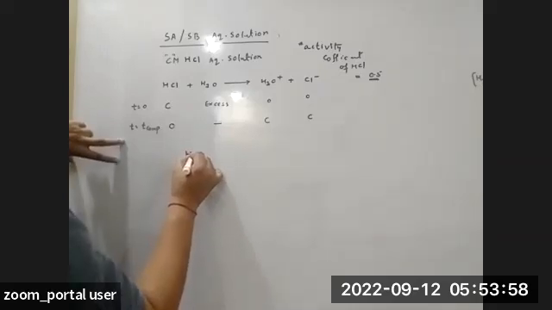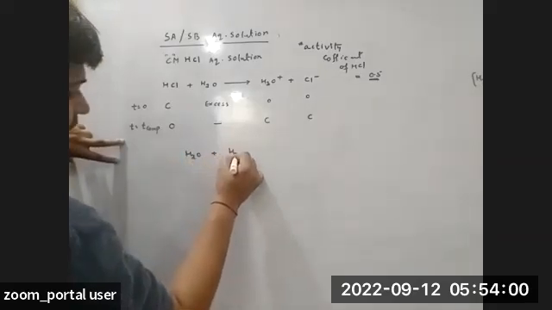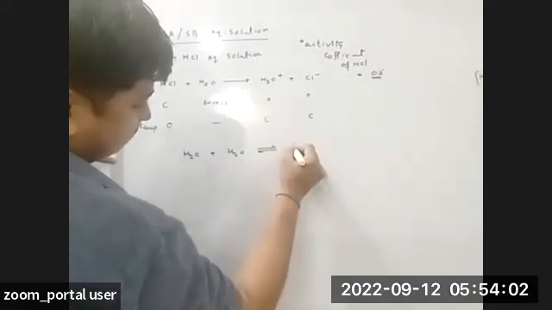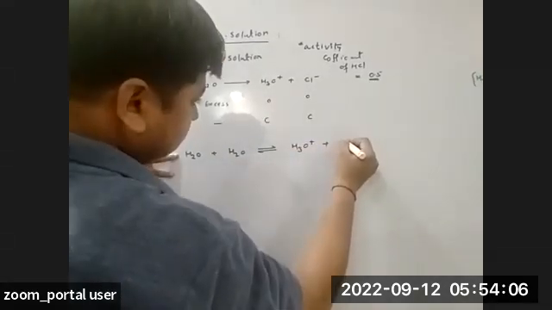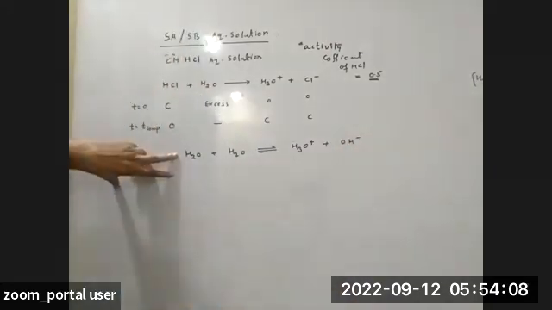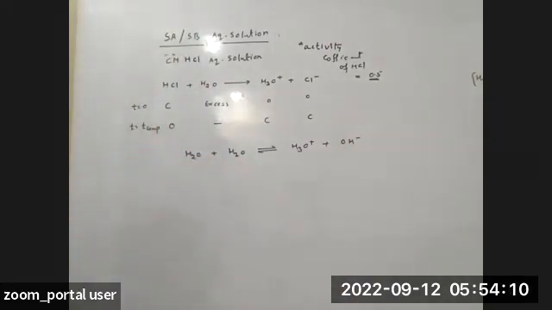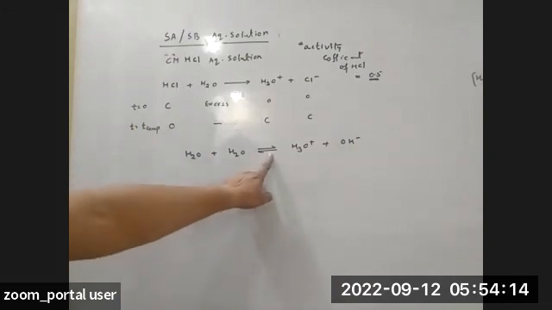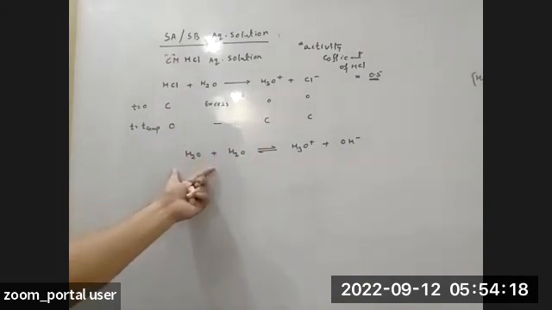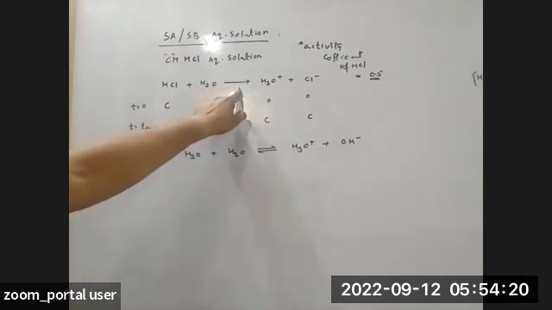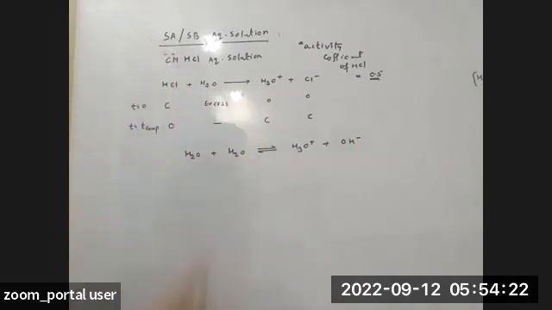now there will be another equilibrium because water is there. If water is there, then nobody can stop it from ionizing. Now this is a weak electrolyte, and this will be an equilibrium reaction. I will write the equilibrium sign for a weak electrolyte and the irreversible sign for a strong electrolyte.